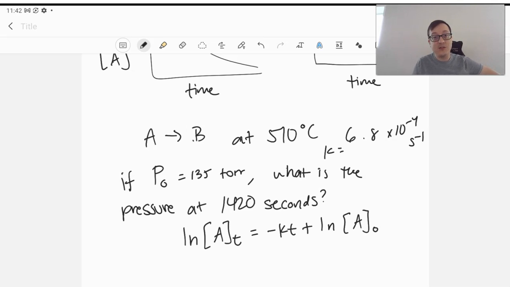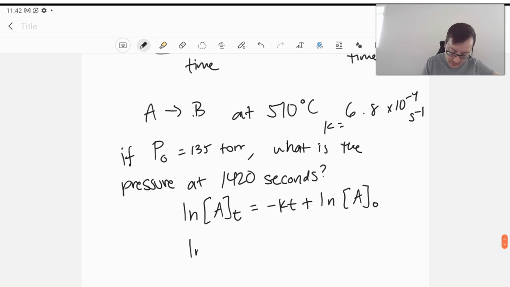Again, pressure and concentration for a gas are interchangeable because they are related to the ideal gas law. So if we want to go ahead and do this, we can just plug stuff in. We can solve for the natural log of our concentration, which we can then solve using mathematics, right?